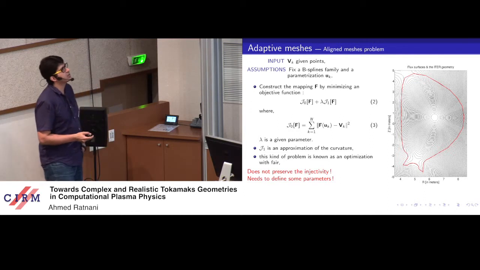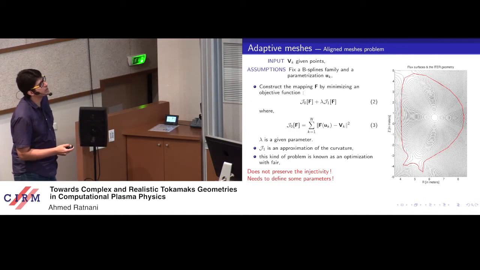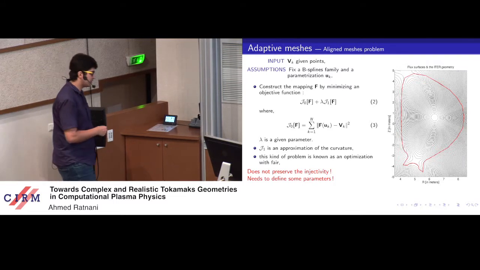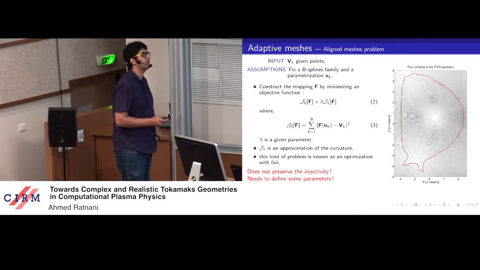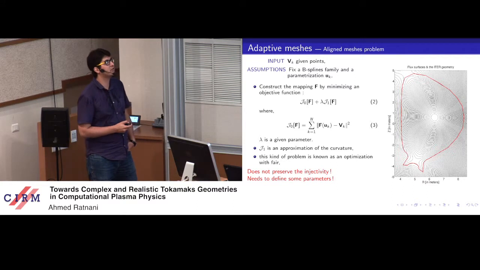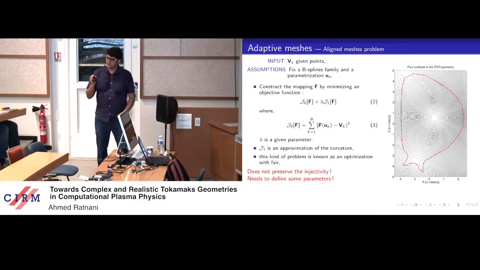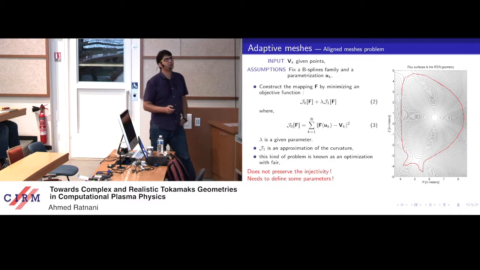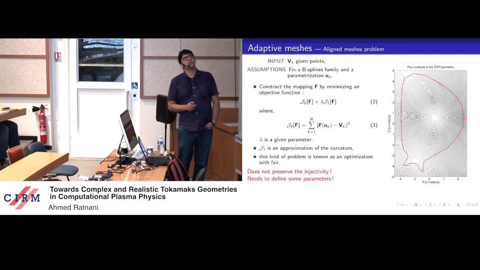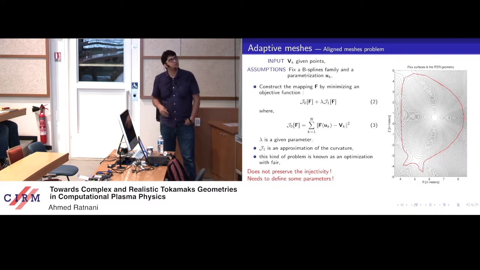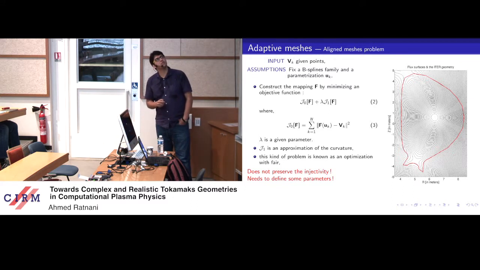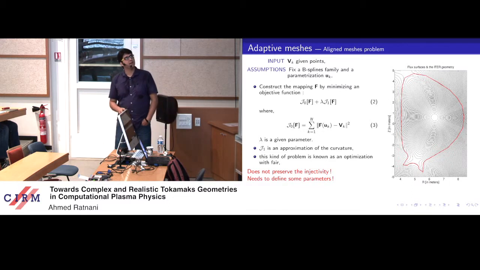And the idea is to say, well, we have these lines. We have to fix what we call the parameterization and create a B-spline family. So this is the assumption that we have. The parameterization can be whatever you want, but the choice of the parameterization has an impact on the mapping that you will create.